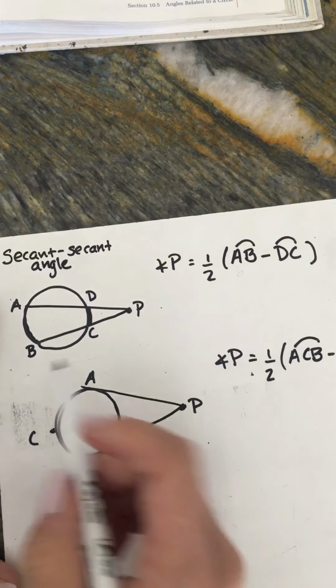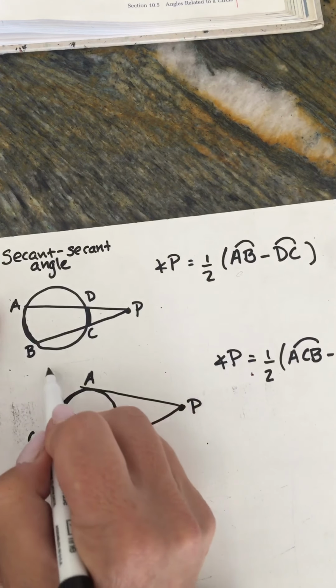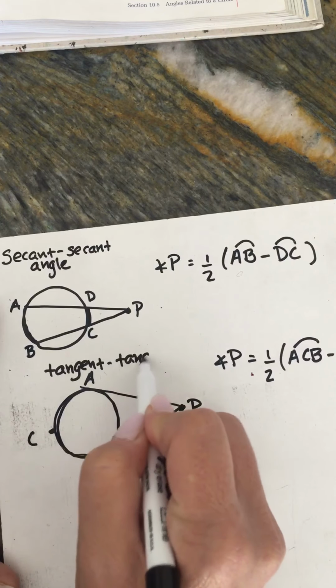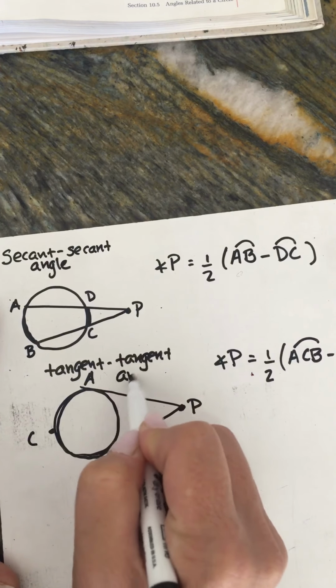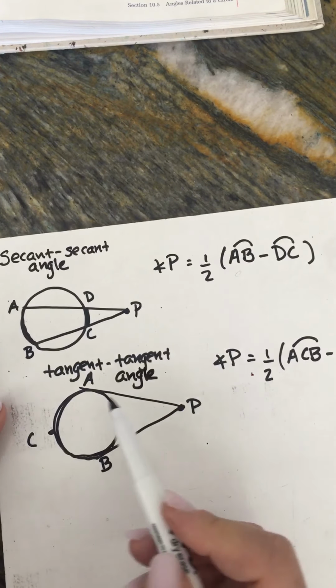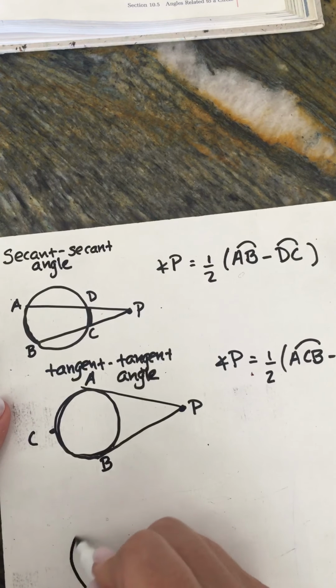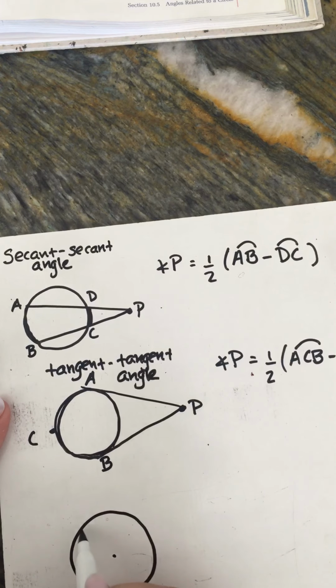And then there's one more setup. This is a tangent angle. And then the last setup would be a secant tangent angle. So you could do like so. Here's a secant, and then there's a tangent.